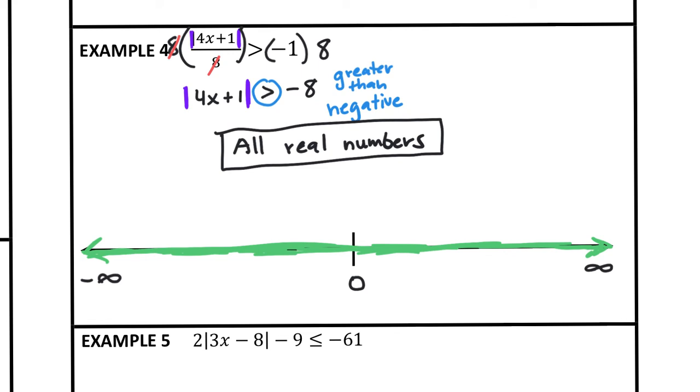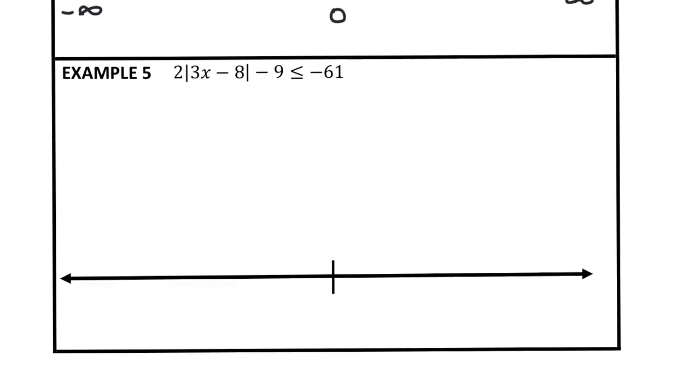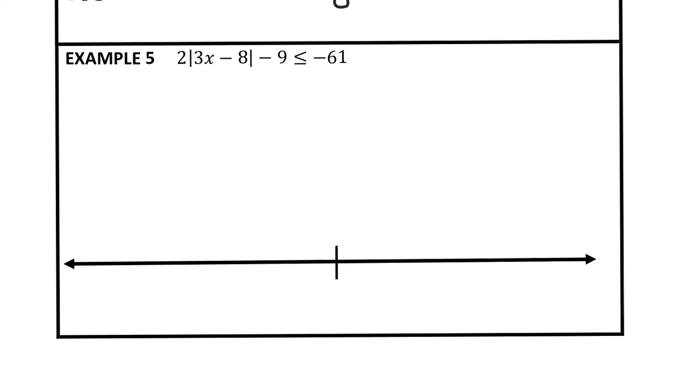And so this brings me to the last one, number 5. Again, we want to get the absolute value by itself. So the opposite of subtracting 9 is adding 9. These will cancel.